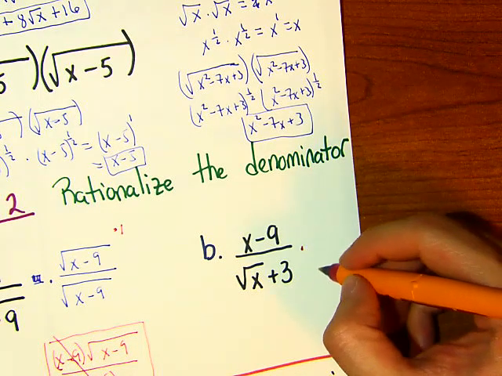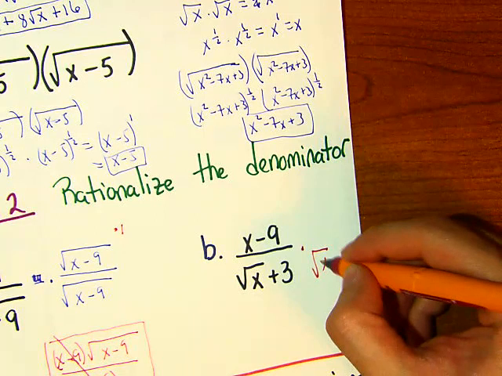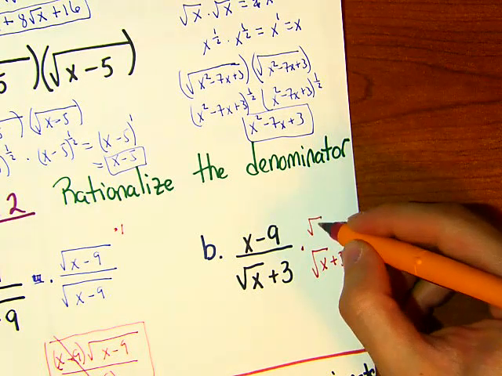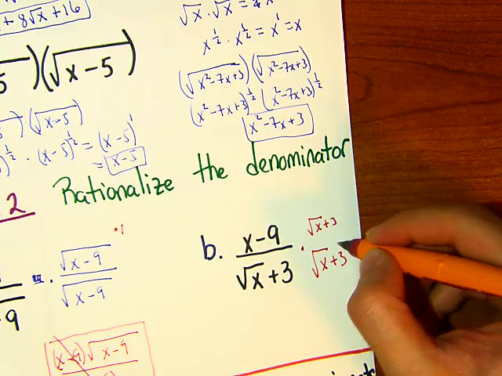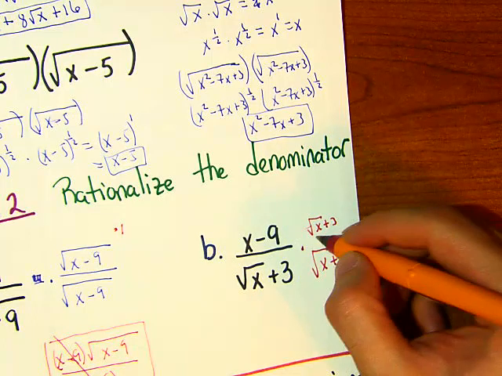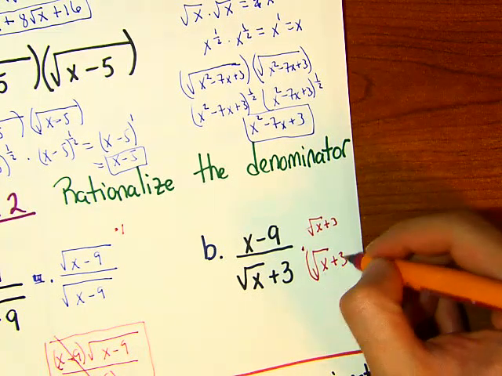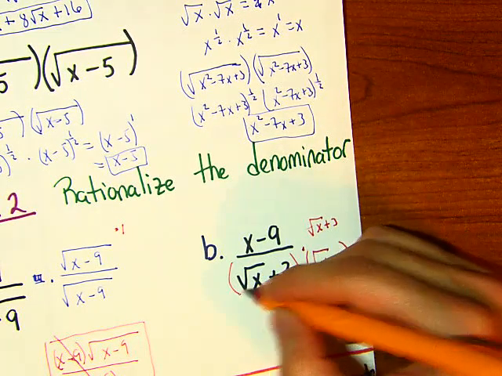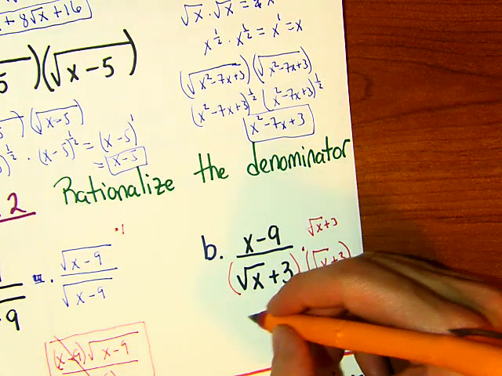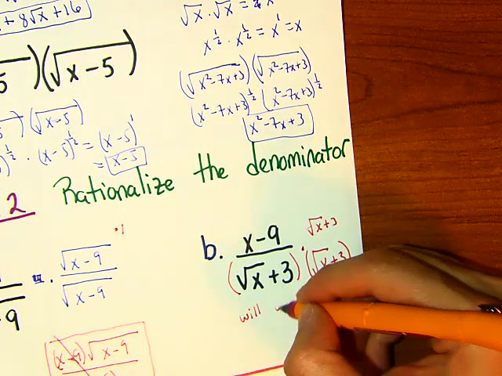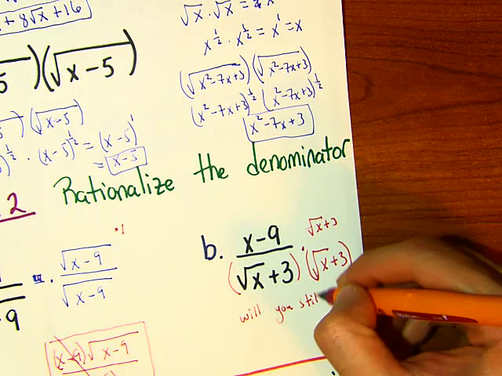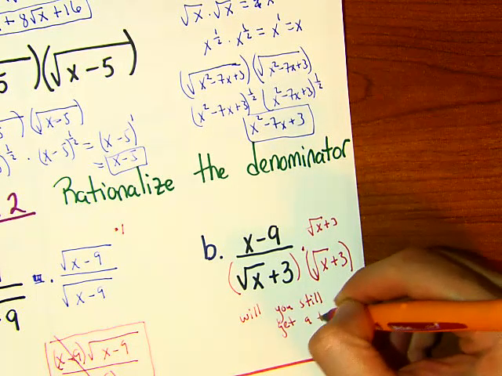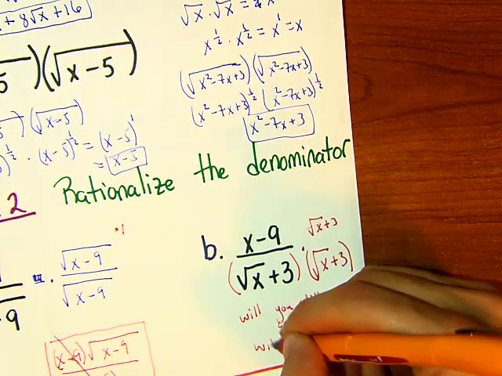Why don't you multiply this by square root of x plus 3 and square root of x plus 3, okay? You don't even need to multiply the numerator. What I want you to do is just FOIL these two. And my question to you will be, will you still get a term with a radical?